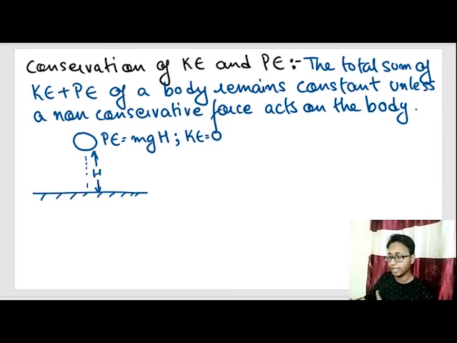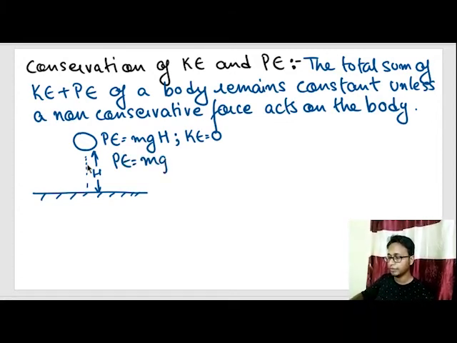When the force leaves, this body will start dropping. This theorem says that the total summation of potential energy plus kinetic energy at this point is equal to the total summation of potential energy plus kinetic energy at any point in this path. Out here, potential energy plus kinetic energy is equal to mgh plus 0, or mgh.